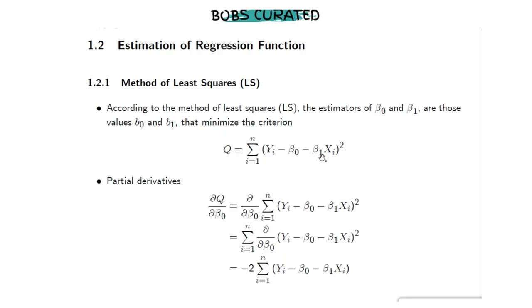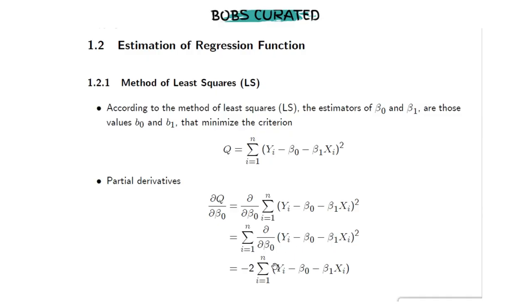So the first step is we would like to know where the partial derivative is going to be equal to 0. Typically, if you think back to what you've learned previously, we are simply going to calculate the so-called critical values. If we take the partial derivative with respect to beta 0, we are going to keep beta 1 constant. We know that the partial derivative of the sum is the sum of the partial derivatives. For this part over here, we can simply use the chain rule.